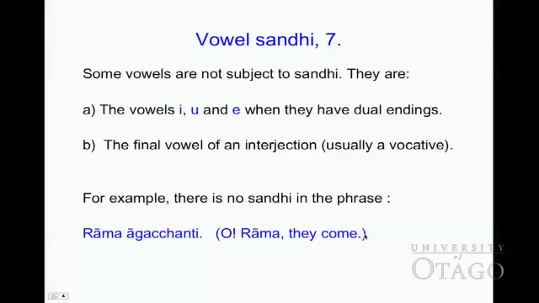Rule number 7. Some vowels are not subject to Sandhi. They are the vowels E, U, A when they have dual endings.